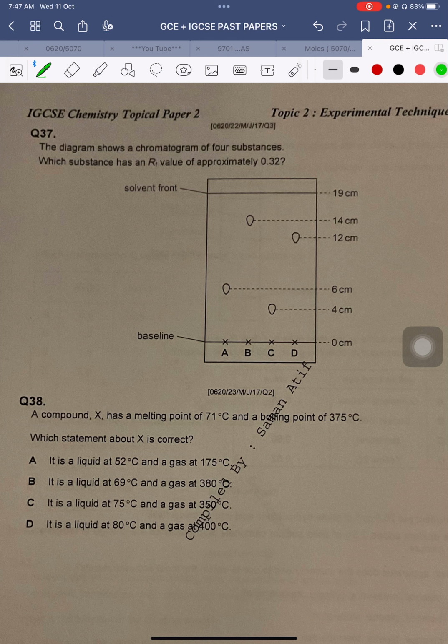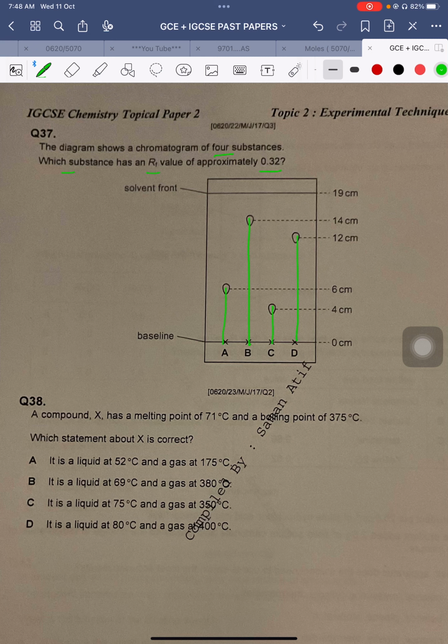There is again a question related to chromatography. The diagram shows a chromatogram of four substances. Which substance has an RF value of approximately 0.32? So you have to measure the distance of A, the distance of C, the distance of B, the distance of D, and divide all these distances.